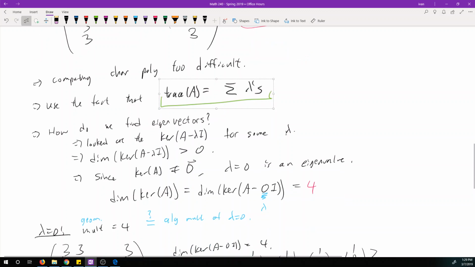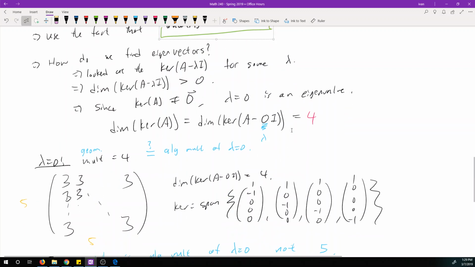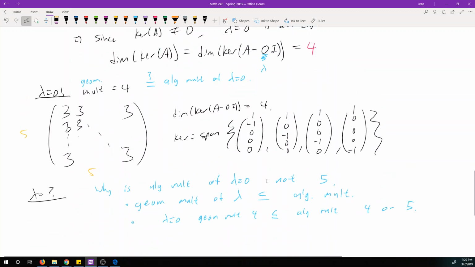So what would happen if the algebraic multiplicity of lambda equals 0 were 5? The other way to word it is, how many eigenvalues can we have in a 5 by 5 matrix? The answer is 5 eigenvalues, one for each column or row, that's the way you can think of it.